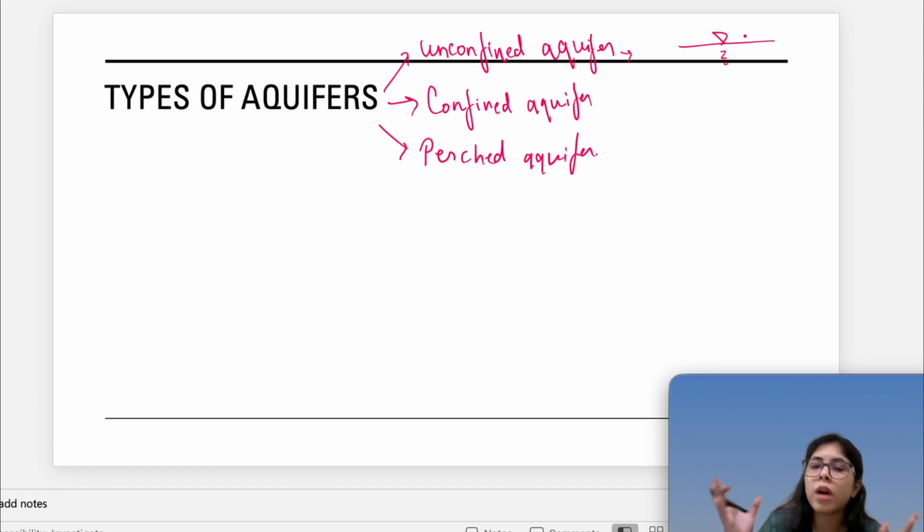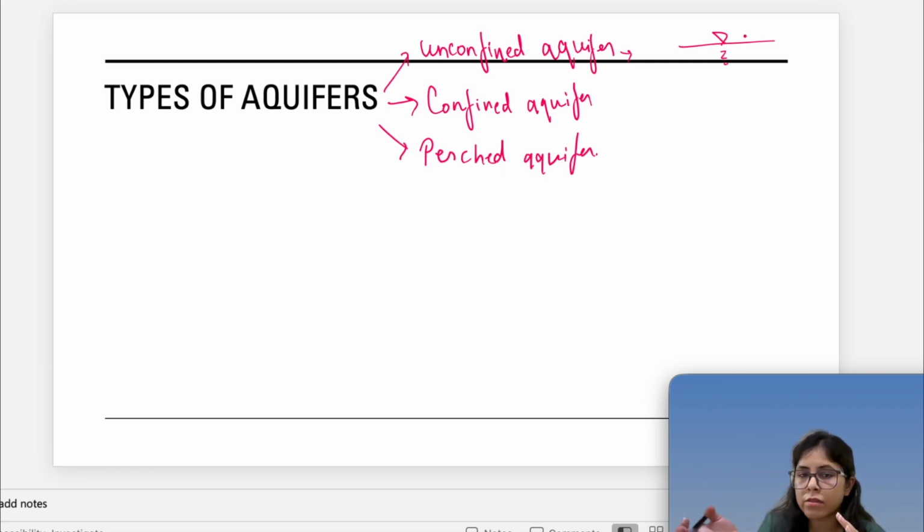There will be no artificial pressure. Artificial pressure means that if there is an impermeable layer above, it will create pressure. But above it there is no impermeable layer. It's just the water table that becomes its upper boundary. So its upper boundary is permeable, so we call it unconfined. It is not confined from the upper side.